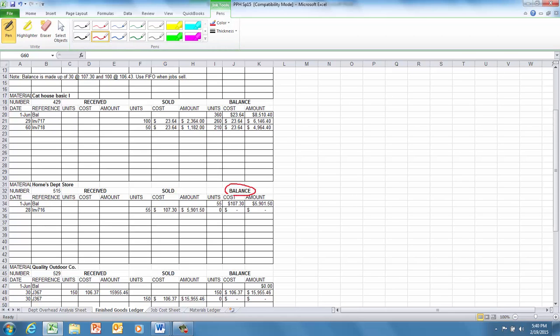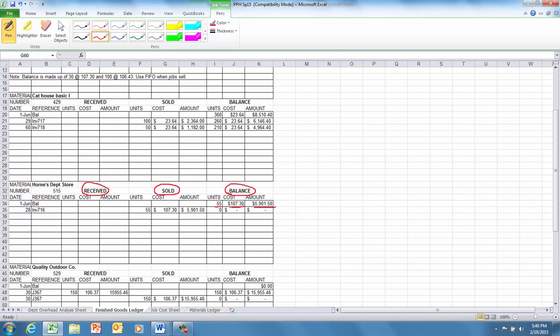Here's the balance. There's a receive section. That's when we complete a job and it leaves the factory and it comes into the distribution warehouse. The distribution warehouse is receiving that job. Here is where it's being shipped out and sold, and here's the balance of how much we have left over. So this is saying we had 55 doghouses sitting in the distribution warehouse. They cost us $107.30 a piece to make, and so we have a total of $5,901.50.